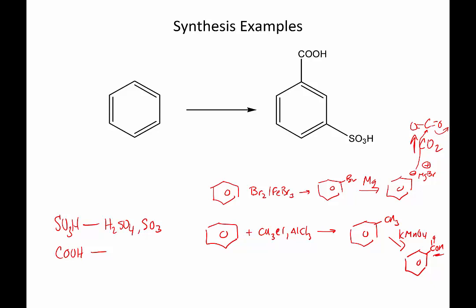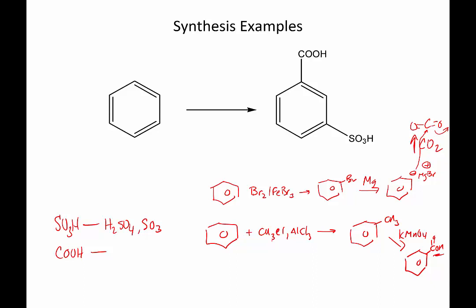So what we have to do now is think about the steps and what order the steps should go in to get those two, the SO3H and the COOH, meta to each other. For instance, I wouldn't put a methyl group on and then put the SO3H group on, because the methyl group would direct ortho-para.